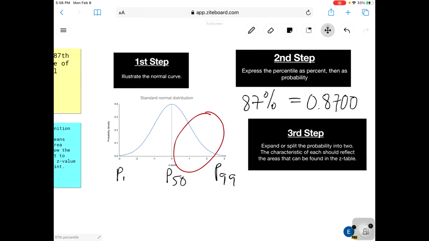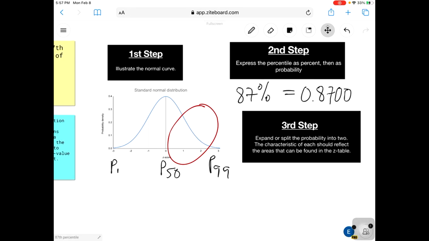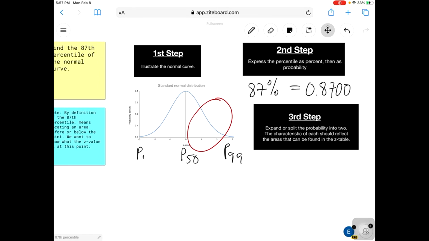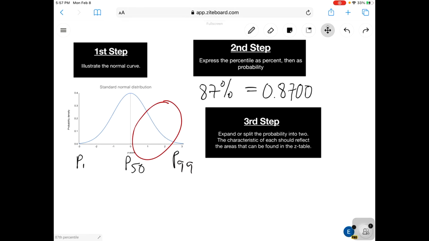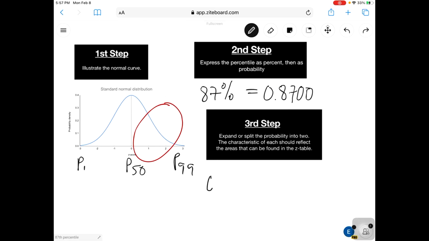So to expand 0.8700, this is going to be 0.8700 is equal to 0.5000 plus 0.3700.